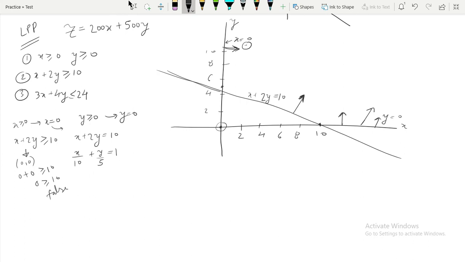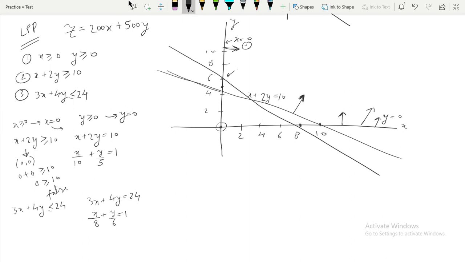And now we will be solving the third equation. 3x plus 4y is less than 24, or 3x plus 4y is 24, or x by 8 plus y by 6 is 1. Now x is 8, y is 6. If we plot this straight line, this would look like this.